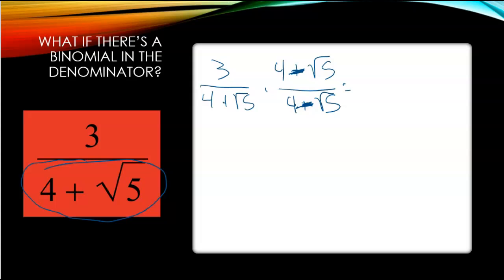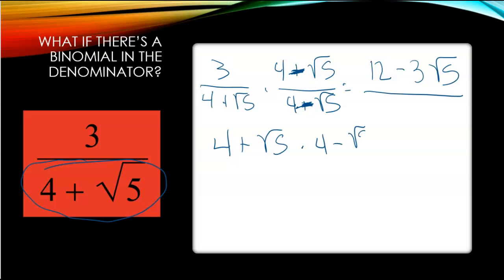So 3 times 4 is 12 minus 3 square root of 5. And on the bottom, we have 4 plus radical 5 times 4 minus radical 5. Do you remember the difference of two squares? So this is going to be a squared, which is 16, minus b squared.